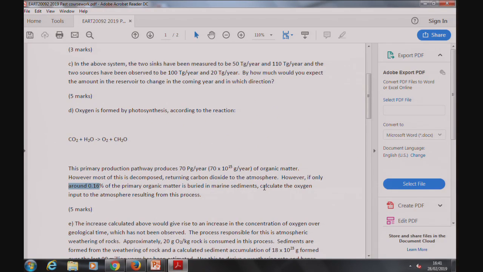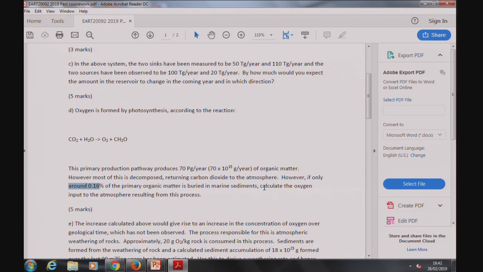So 3.73 multiplied by 32 works out to be, and that's tera, about 119.5 teragrams per year. Okay. So that's like an input into the atmosphere because it's oxygen that's not taken away with the biomass.